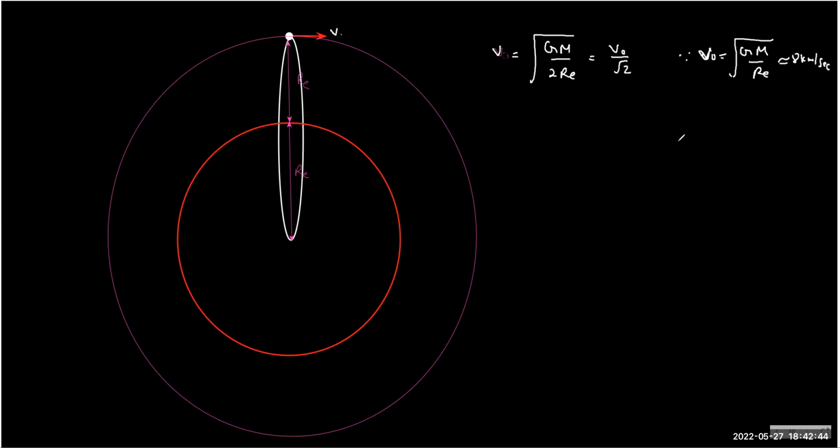What I'm trying to relate is, if I stop this planet, if I make the v 0, if v becomes 0, then how much time will it take to fall back on Earth?